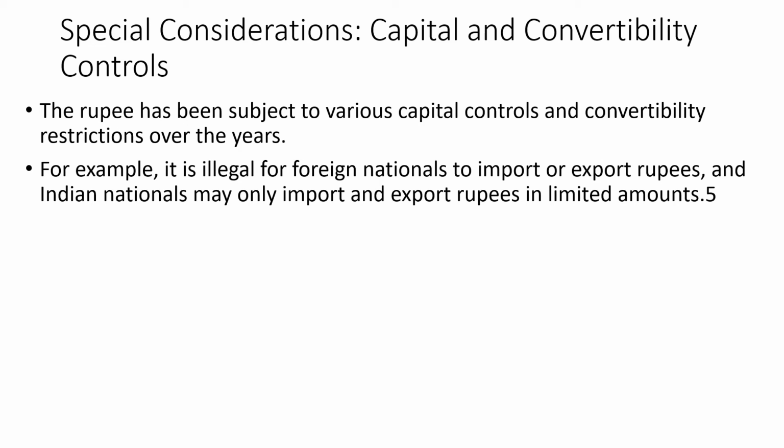Coming to some special considerations, capital and convertibility with respect to the currency notes and coins used in India, we can see that the rupee has been subject to various controls as well as convertibility restrictions. If you look over the years, you can see this. For instance, it is actually illegal for foreign nationals to import or export rupees.